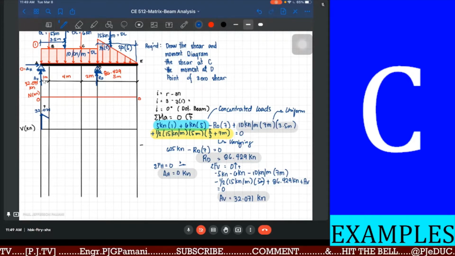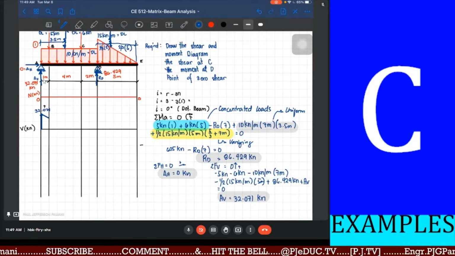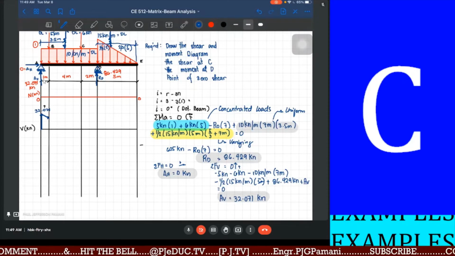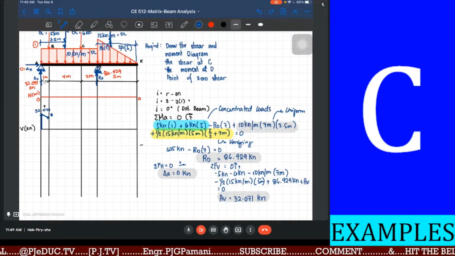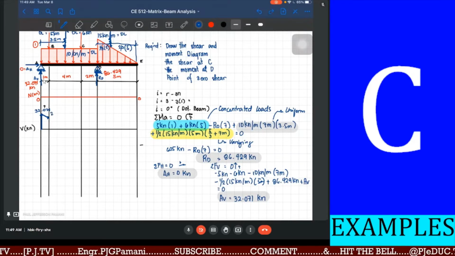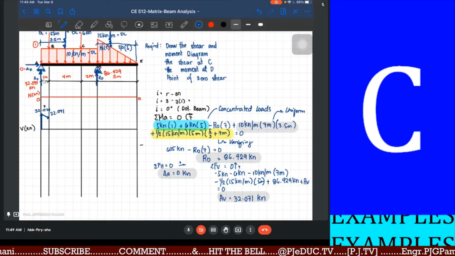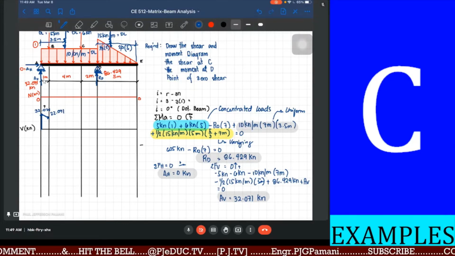Dahil yan ay nasa 0 degree, so our next figure should be in the first degree ng 22.071 kilonewton. And note, there is a concentrated load found 1 meter from the hinge support.